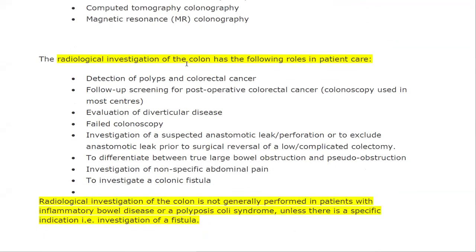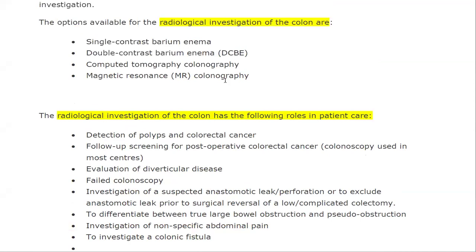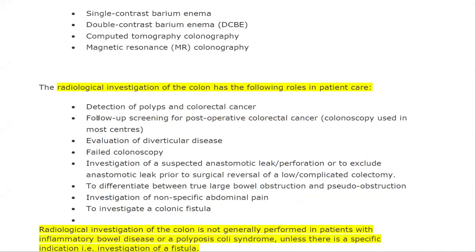The radiological investigation of the colon has the following roles in patient care. You can use it in these indications: detection of polyps and colorectal cancer, and follow-up screening for post-operative colorectal cancer, because the patient may have risks for many things.